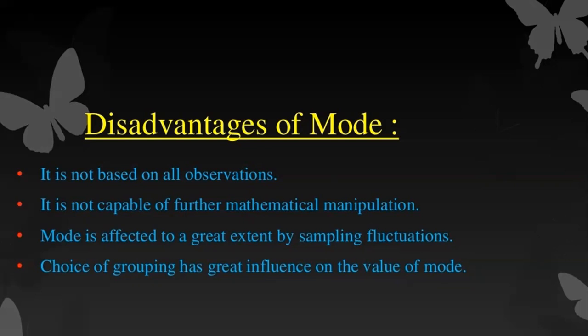From the modal values and the sizes of two or more series, we cannot determine the overall mode of the combined data, and the mode may also not always be determinate. It is difficult to locate the modal class in the case of bimodal and multimodal distributions. As compared to mean, mode is affected to a great extent by sampling fluctuation.